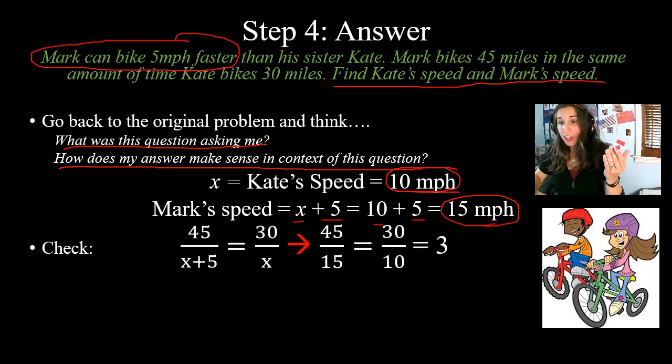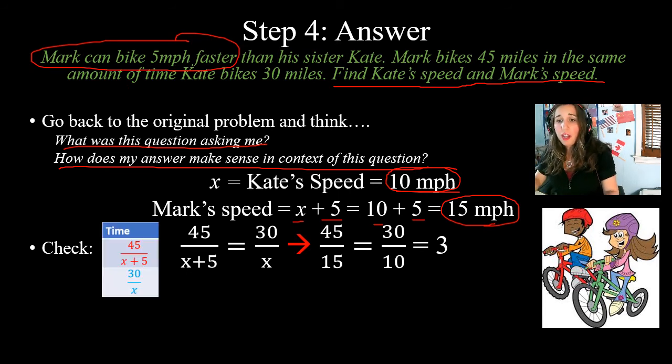But let's check, okay? So if you remember on our table, the time was for Mark, 45 divided by x plus 5, and for Kate, 30 divided by x. And we said those times should be equal, which gave us 45 divided by x plus 5 equals 30 over x, right?